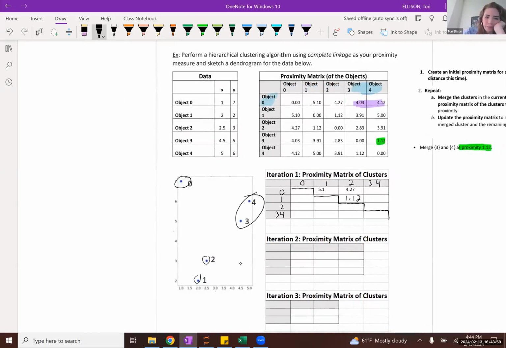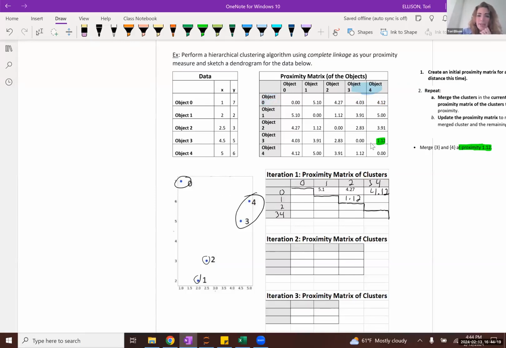So that would be 0 and 4 at a largest distance of 4.12. So the distance between 0 and 3, 4 is now 4.12.